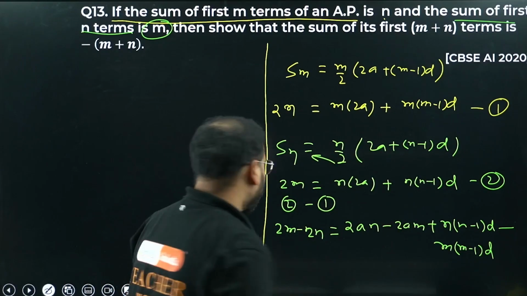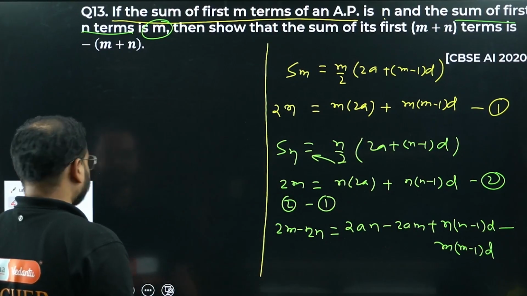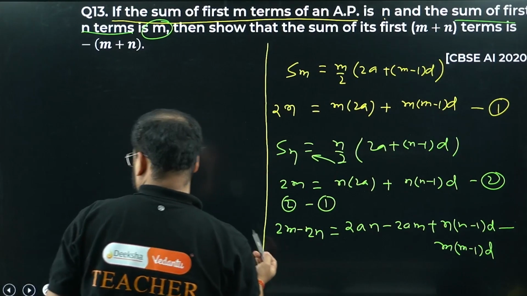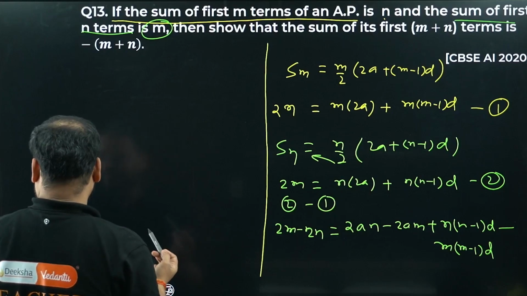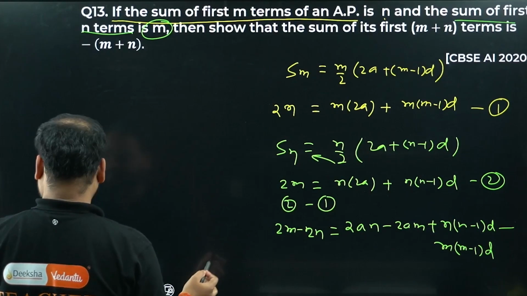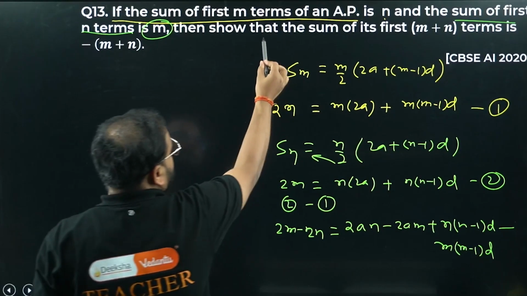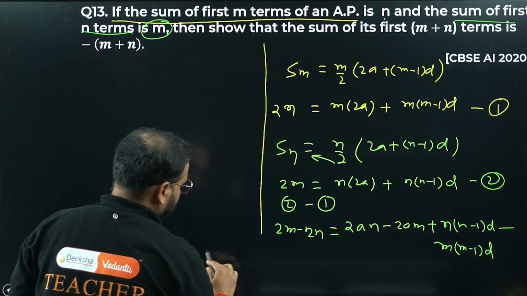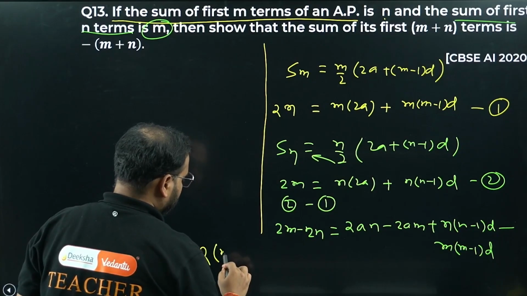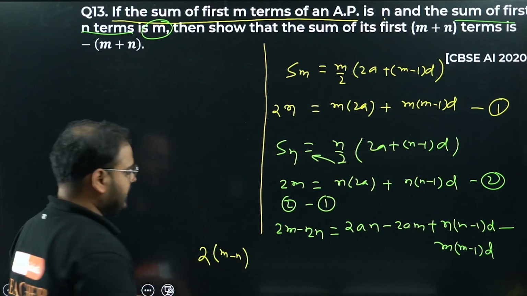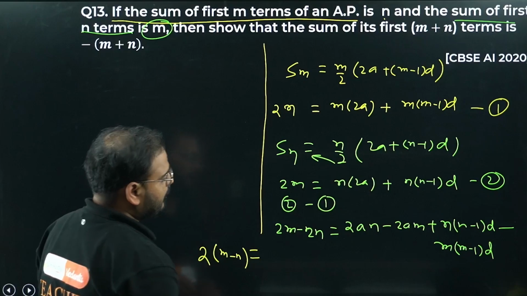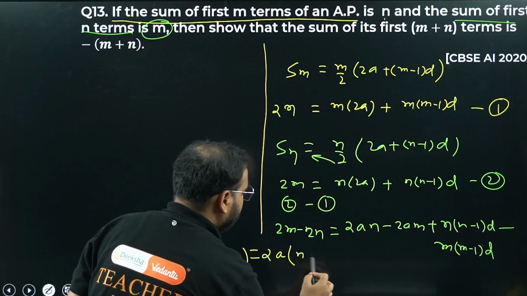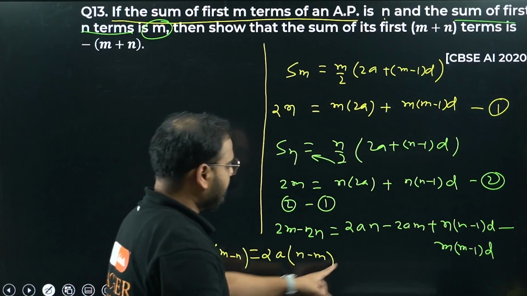I can see something common over here. I can take 2 common on the left, so m minus n, equals, I can take 2a common, and I get n minus m.